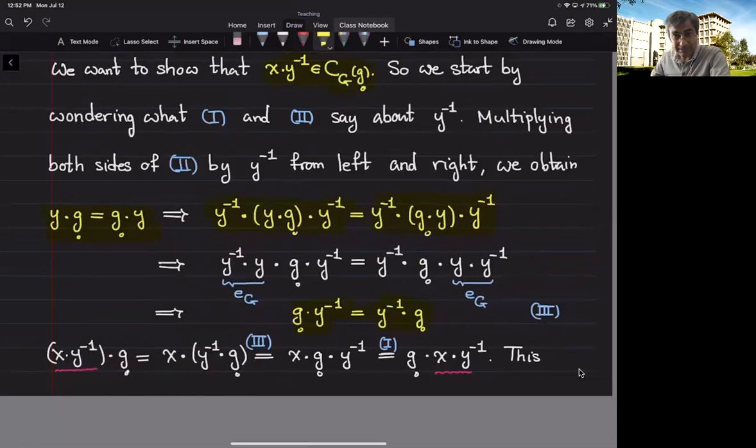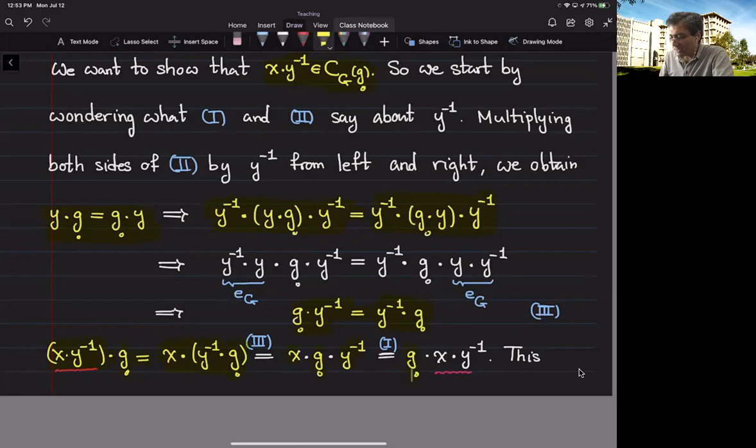But I want to show that x dot y inverse is inside the centralizer. So I need to write down x dot y inverse and see if I can commute it with G0. I use associativity and deal with one commuting at a time. We know that I can commute y inverse and G0, so I do that. Using associativity, I drop these parentheses. Now I commute x and G0 because I know that I can commute them, because x is in the centralizer.